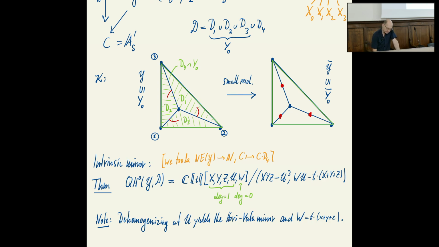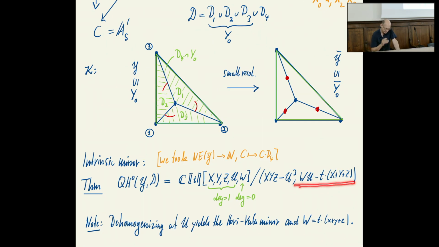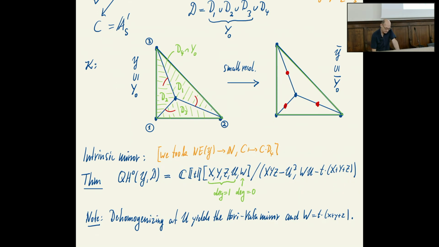And then something that already looks reminiscent of the superpotential if you dehomogenize at u. Then W becomes t times x plus y plus z, little x, little y, little z being capital X over u and so on. So dehomogenizing at u yields this Hori-Vafa mirror.